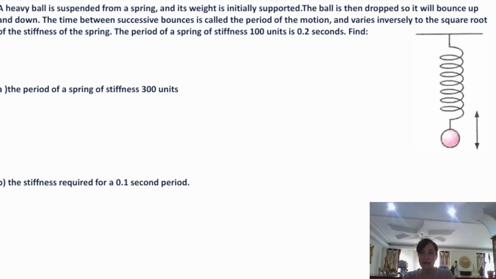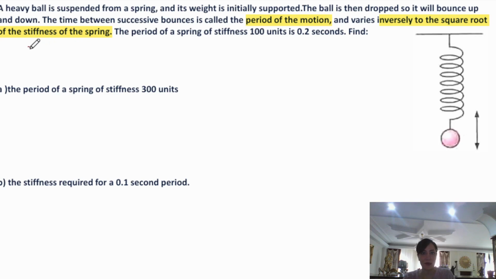It varies inversely to the square root of the stiffness of the spring. So this period of this motion is inversely proportional to the square root of the stiffness of this spring. Let me write it.